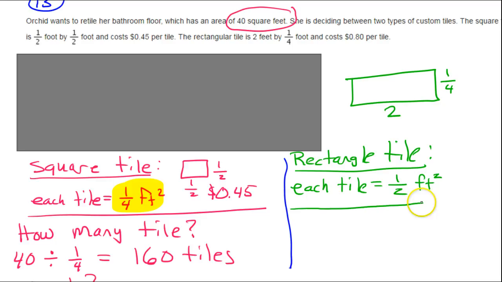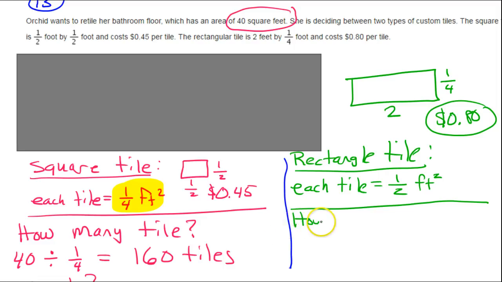Oh yeah, and let us not forget the cost, which is 80 cents per tile. Okay, so that's all the information that we need. So again, let's figure out how many tiles and how much that will cost.